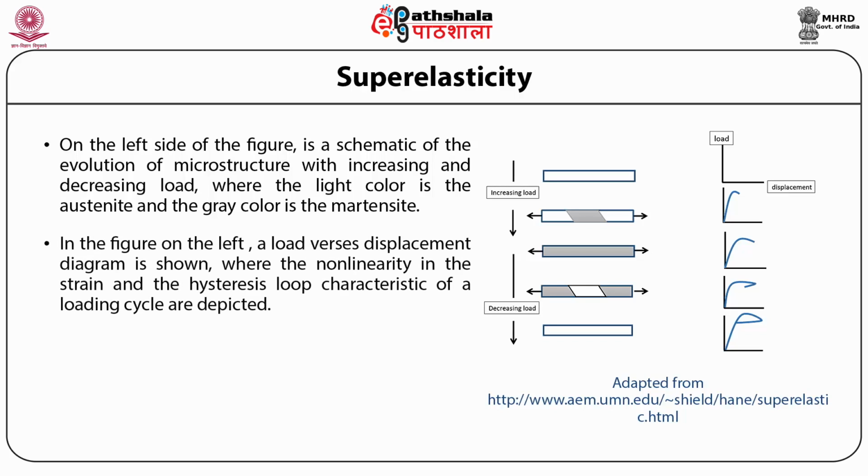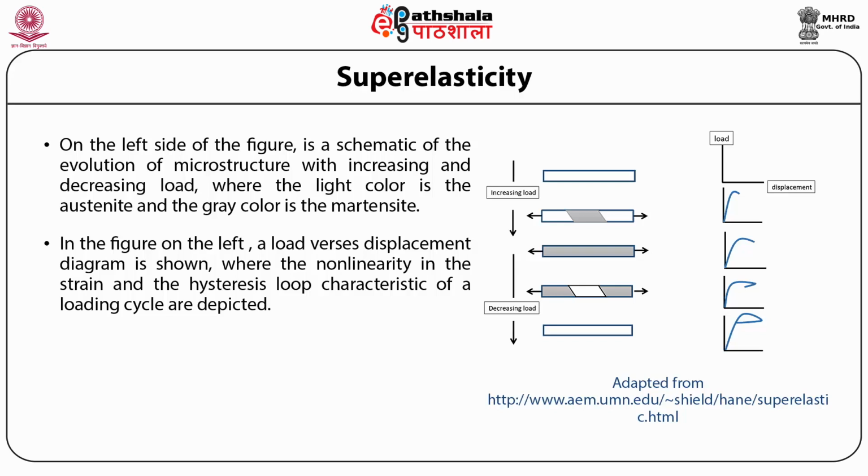Correspondingly, the load displacement curve is also shown over here. As can be seen, we start with a completely austenitic microstructure and start to apply stress. Then Martensitic transformation starts to take place, and this is nothing but the stress induced Martensite.